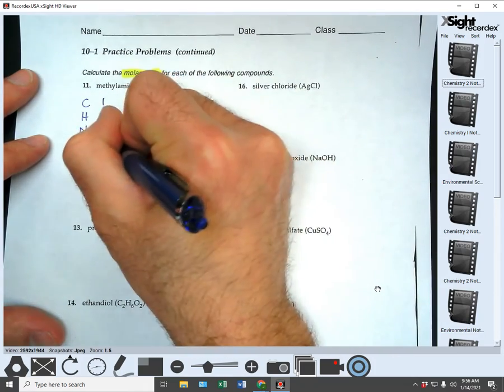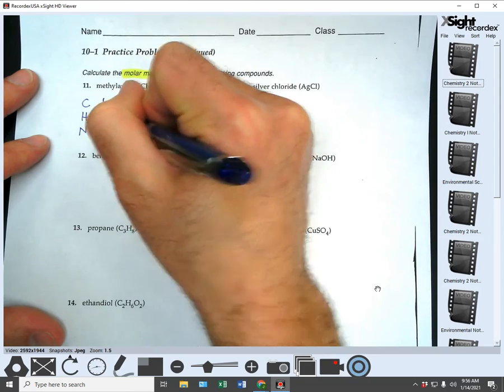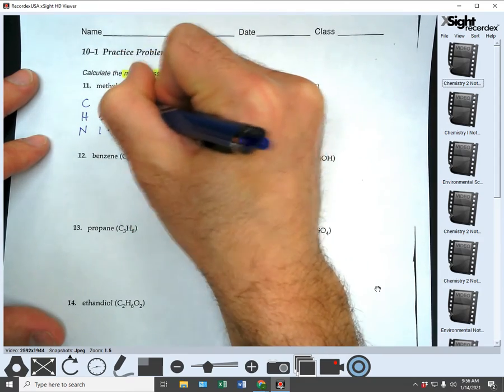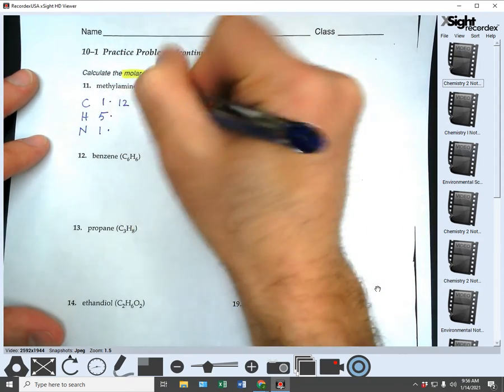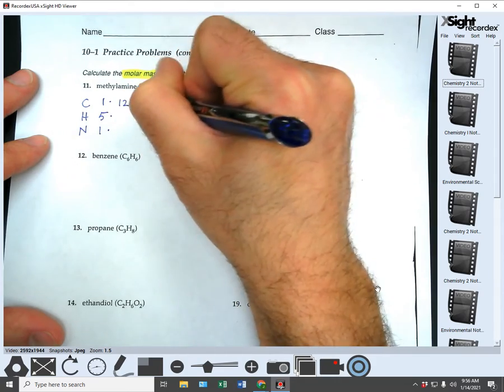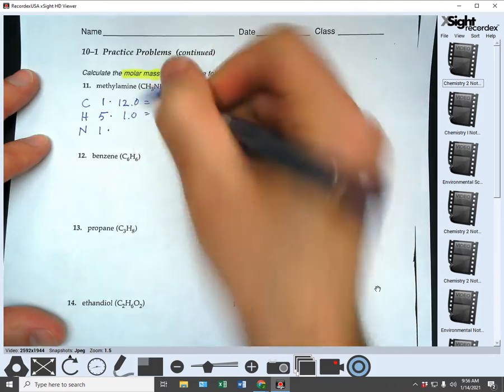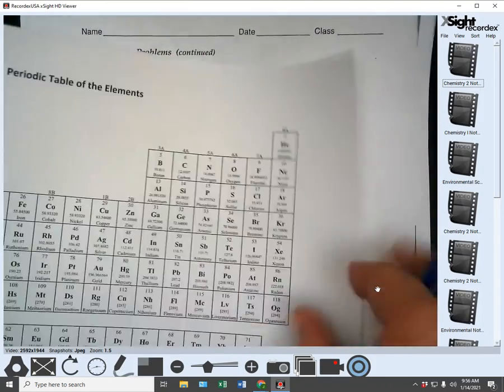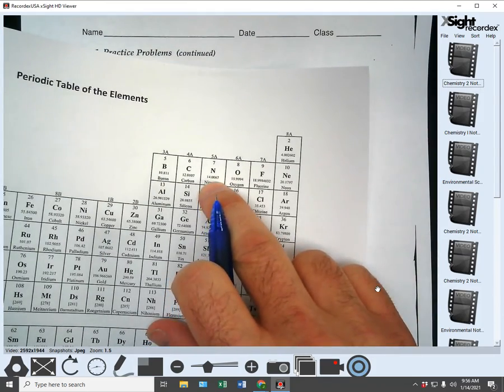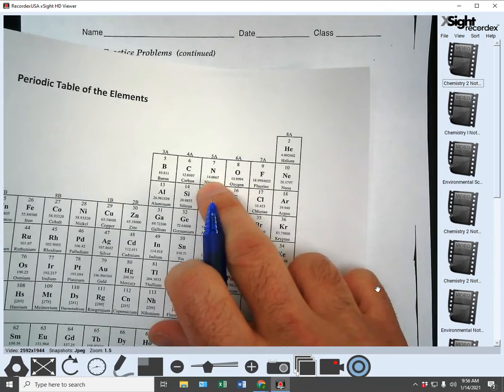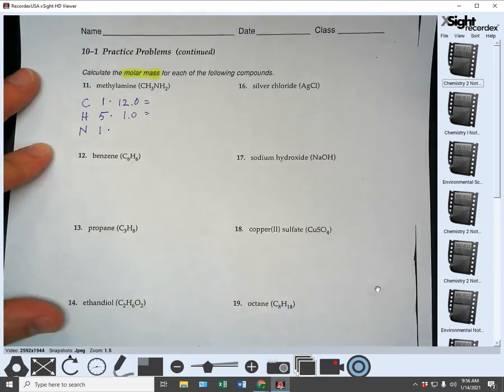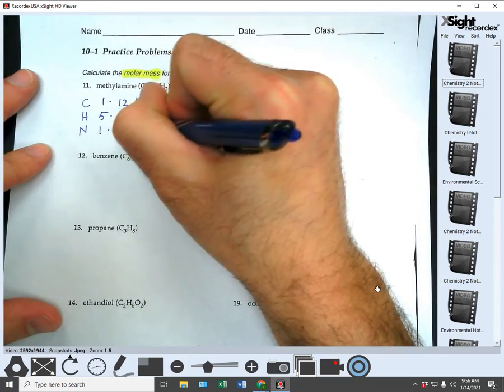Nitrogen, we've got 1. Okay, times the masses. Carbon, we know from the last one is 12.0, 12, either way. Hydrogen, 1. And nitrogen, if we look nitrogen up, nitrogen is 14.0067, so the 0 doesn't round it, so it's 14.